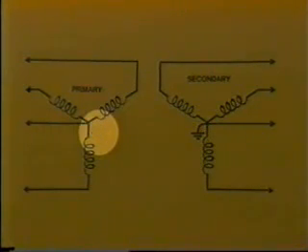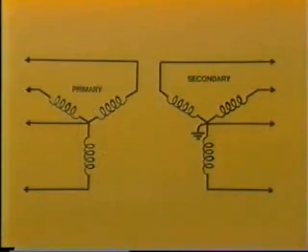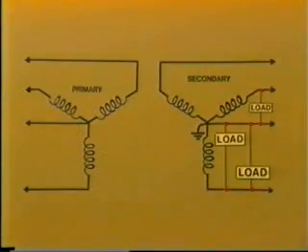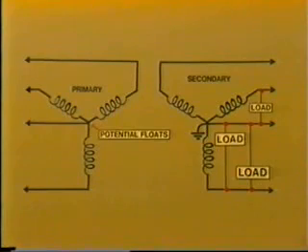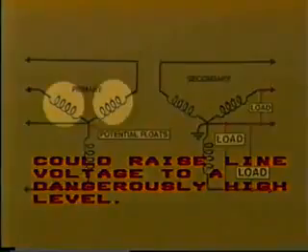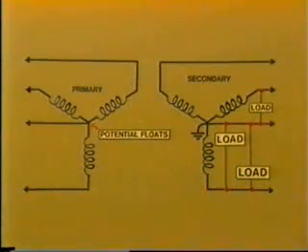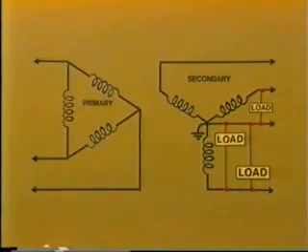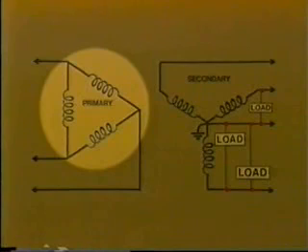Well, any phase unbalance in the secondary loads will cause the potential of the primary neutral to float if it is not anchored to ground. This in turn could raise the line voltage to a dangerously high level on one or more phases. By contrast, a delta connection allows the out-of-balance current to circulate around the phases.